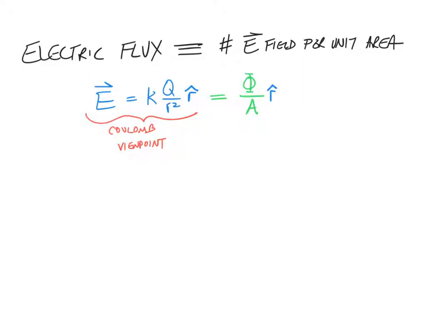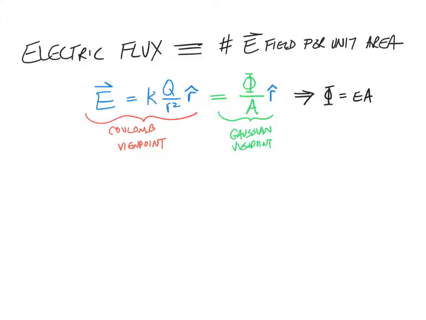So this is our Gaussian viewpoint. What this boils down to is that flux can be written as the electric field times the area. Now I left them as magnitudes, okay?